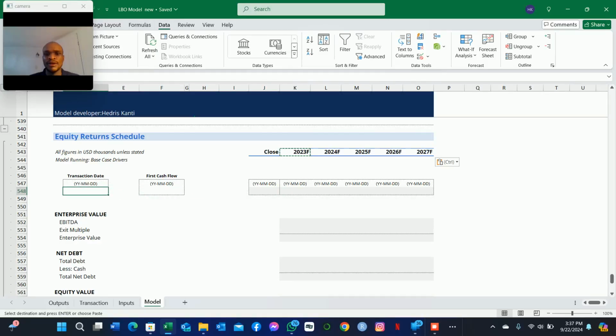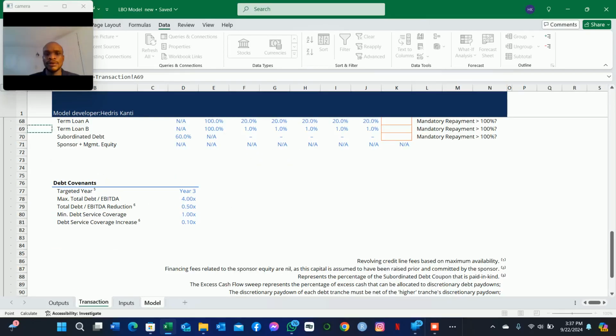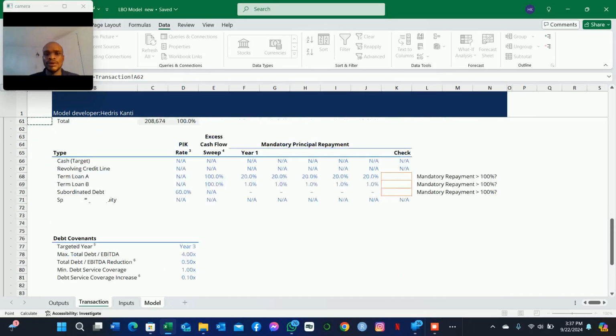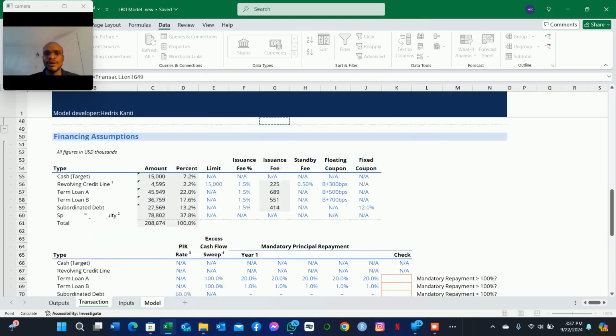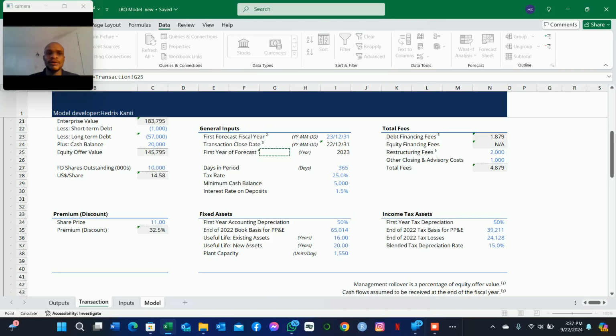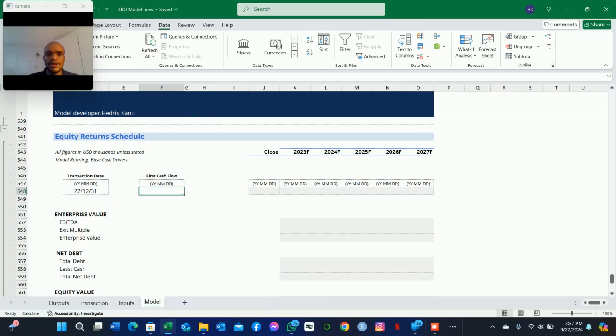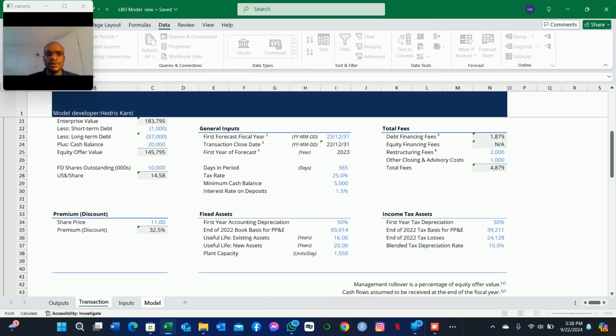To set this up, we will go to our transaction tab where we have the transaction date. We have it here in our transaction tab. Then the transaction closing date. And then the first year of cash flow, we also have it set up for us.